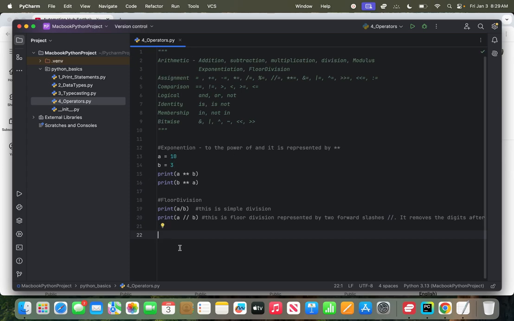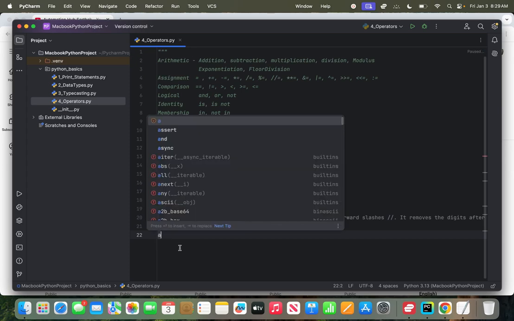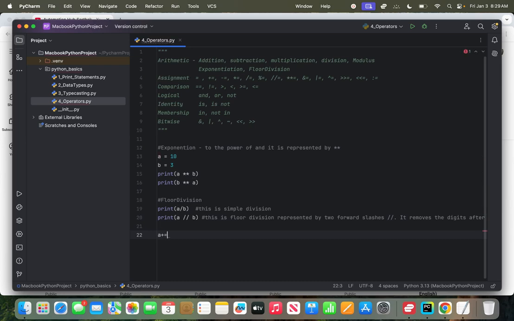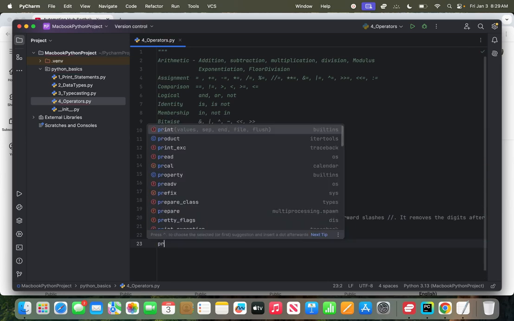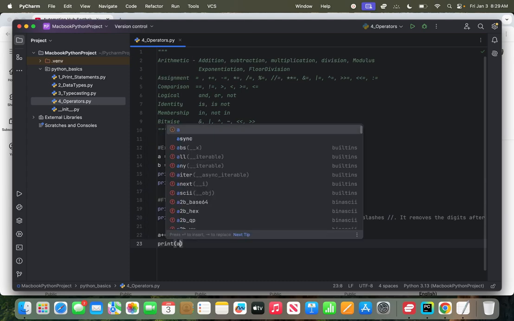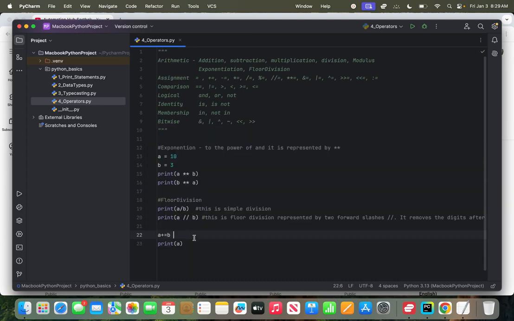If I write here A plus equals B, print A. So what does this mean? This means A is equal to A plus B, right? So if A is equal to A plus B, what is A plus B? 13. So here the answer will be 13.